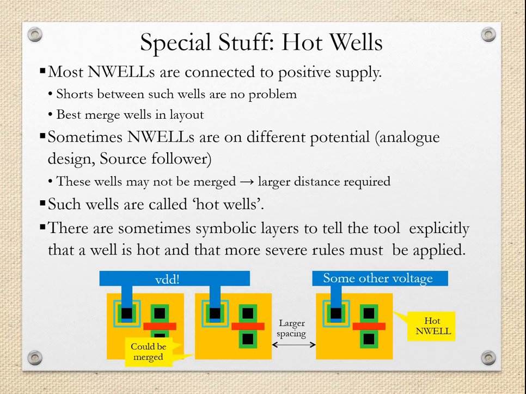Sometimes N wells are at different potential, as in analog designs like a source follower, and these wells may not be merged into a larger one as a larger distance is required. So we can merge the first two because the spacing between them is very small, but if the spacing requirement is larger, we cannot merge the N wells.